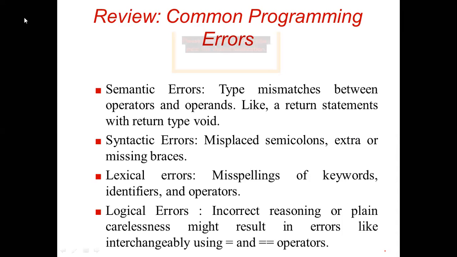Okay, sometimes we use the logical symbols, logic gates, then we want to put the double equal sign and we just type only the single assignment sign. Okay, so such types of errors come under the category of the logical errors. So now there are semantic errors, syntactic errors, lexical errors, logical errors. Okay, these are the categories of the different common programming errors.